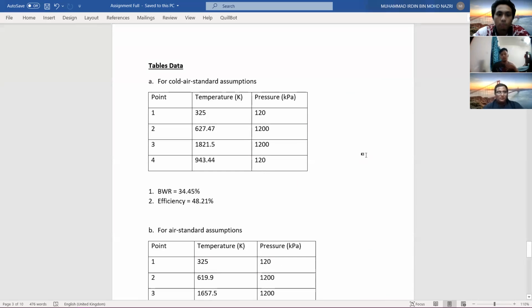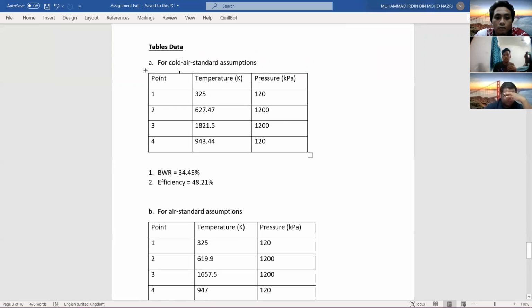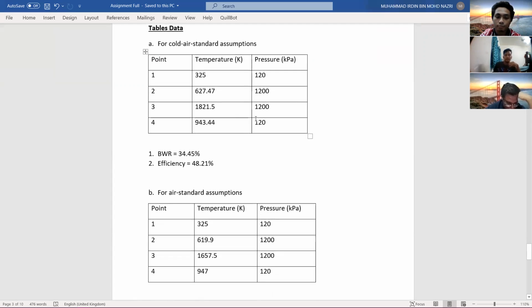This is a table of data for the calculation for the cold air standard assumption. For point one, we have our assumption, which is 325 Kelvin and a pressure of 120 kilopascal. For point two, the temperature is 627.47 Kelvin and the pressure is 1200 kilopascal.